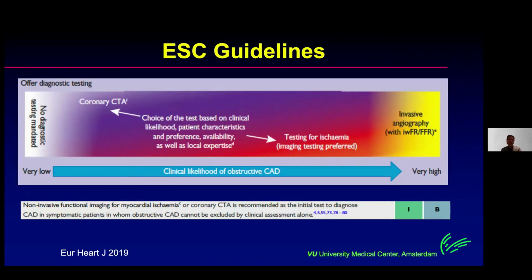On the other hand, this is a very difficult process, because how are you going to determine likelihood of disease? We know from major trials like PROMISE and SCOT-HEART that we as physicians are not able to determine likelihood of disease all that well based on age, sex, and anginal symptoms.